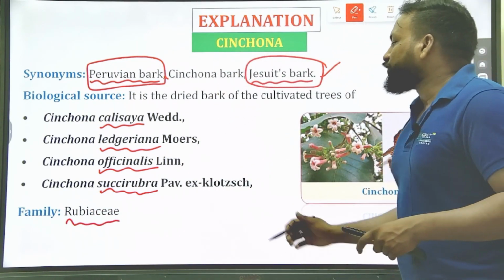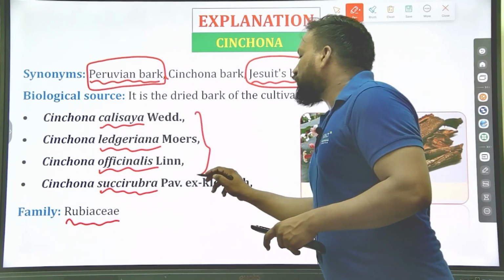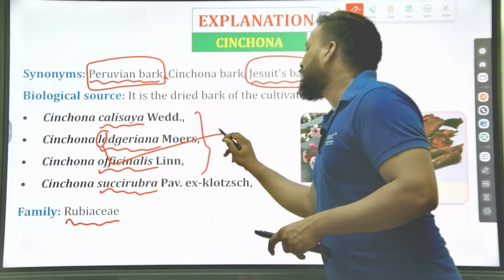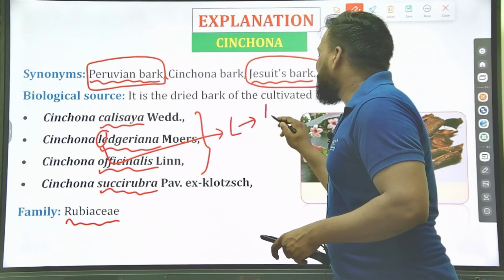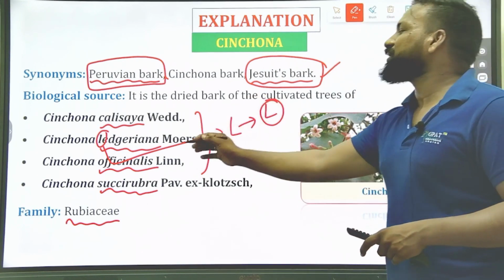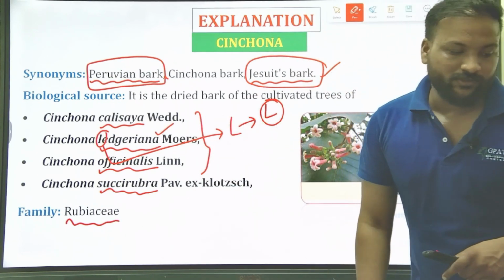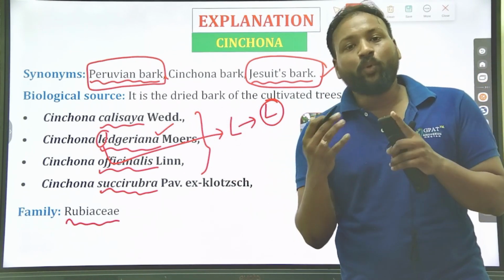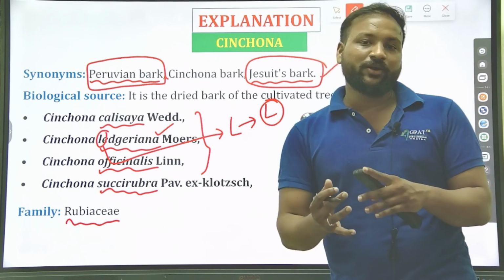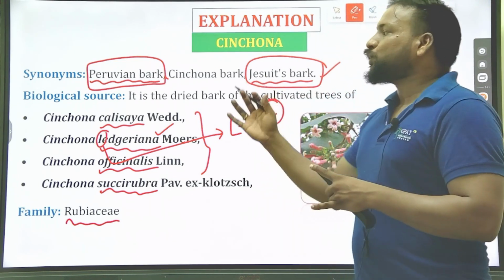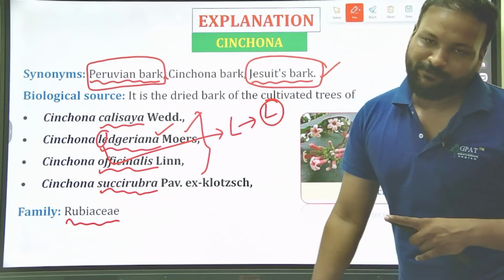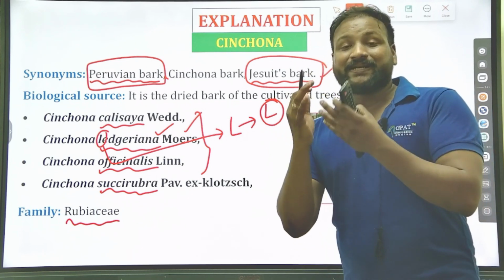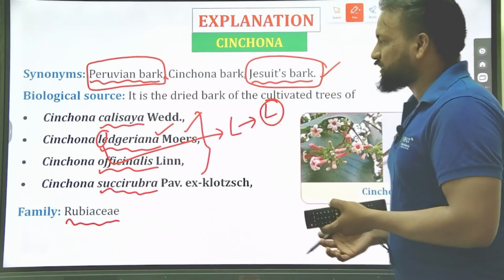Among these four sources, from Cinchona ledgeriana we get larger amounts of cinchona alkaloids. If you want more yield, especially of quinine alkaloids, you need to use Cinchona ledgeriana, so that you will get enough amounts of the secondary metabolites. Clear?